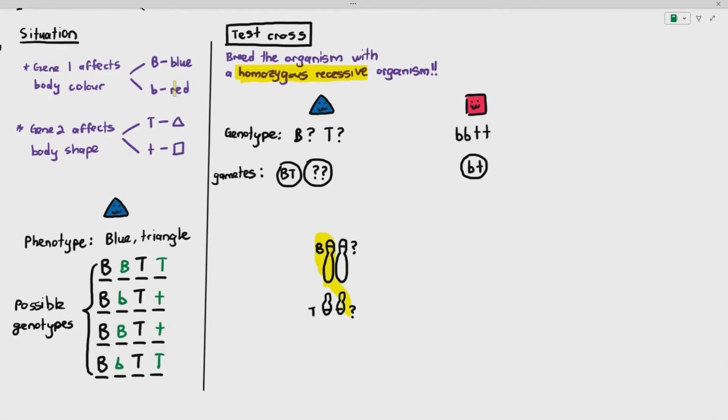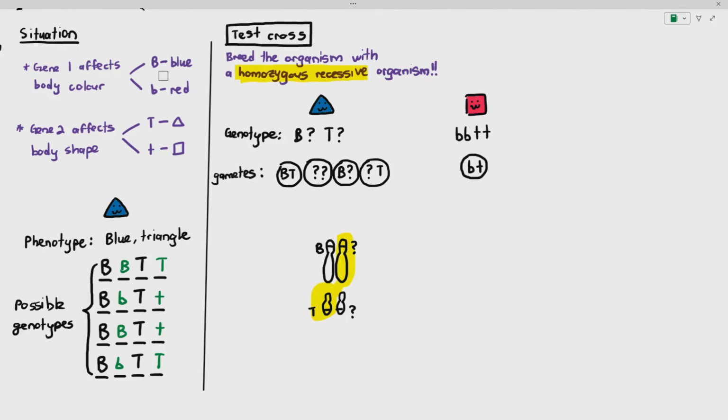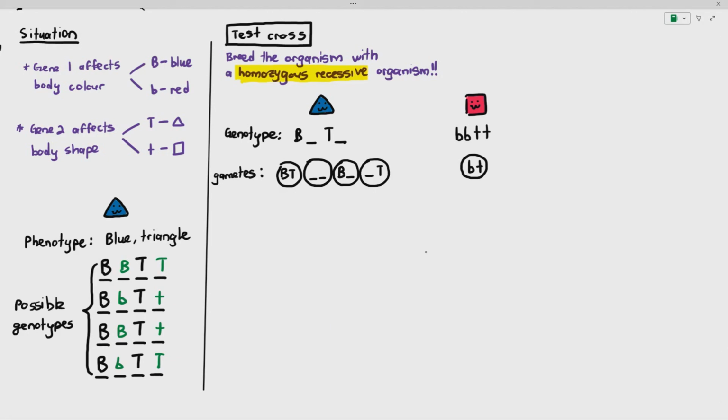It might also be, due to random assortment, large B, question mark, or another one over here, question mark, large T. The question mark is a little bit confusing, so I'm going to substitute the question mark with a dash, the empty space, so it's easier to see. These are the 4 possible gametes that it might be able to produce.